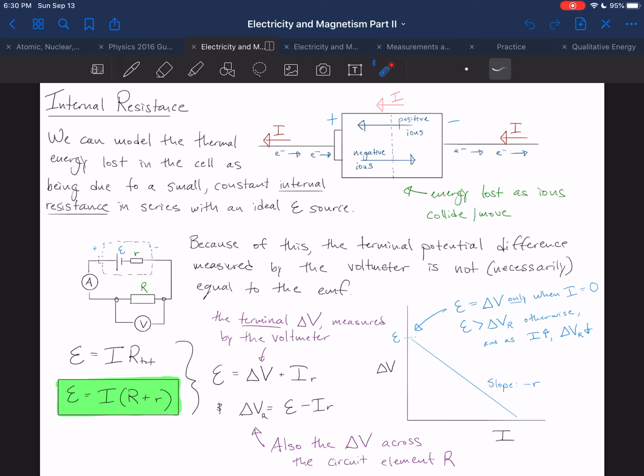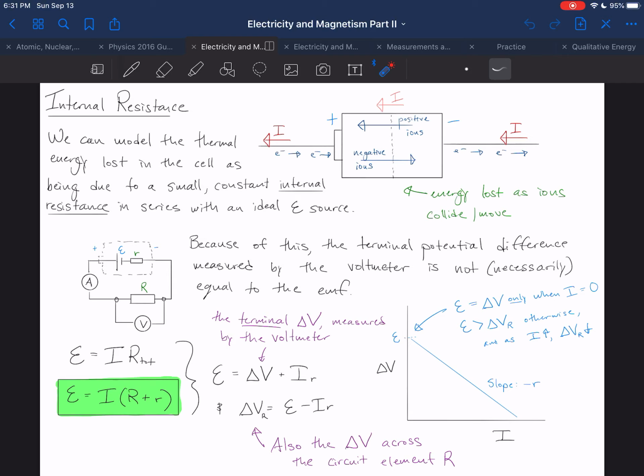As a result, what does that voltmeter actually measure? The voltmeter actually measures what's called the terminal potential difference, which is the potential difference simply across the external resistor. It's the potential difference from here to here, okay? And that's why it's called the terminal potential difference. And you'll note that, assuming a non-insignificant internal resistance, that terminal potential difference will not necessarily equal the EMF.